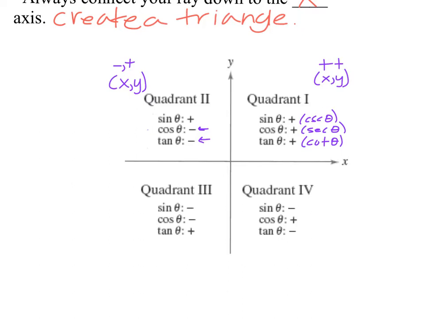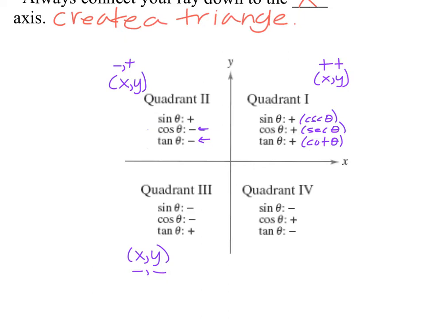If your angle moves you down into quadrant 3, think about your x and y values if you are plotting a coordinate in that location. Both x and y are negative, which would mean sine and cosine, cosecant and secant, will also have negative answers. The only positive answers you'll get for trig functions in quadrant 3 are tangent and cotangent.